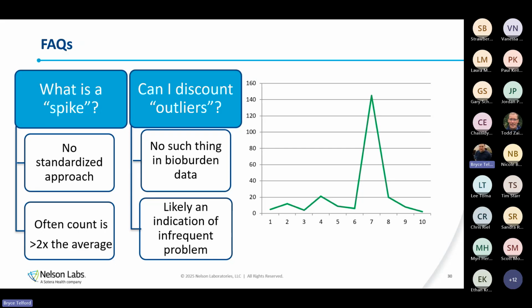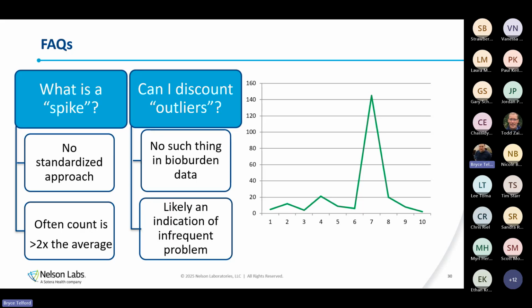So the ISO standard does, in the annex, give some background on statistical options and even statistical diagramming, such as fishbone and things like that. As I indicate here, there is no standardized approach. Generally, people don't do a mathematical transformation such as a log. A lot of times it's looking at averages such as 2 times the average and standard deviations.